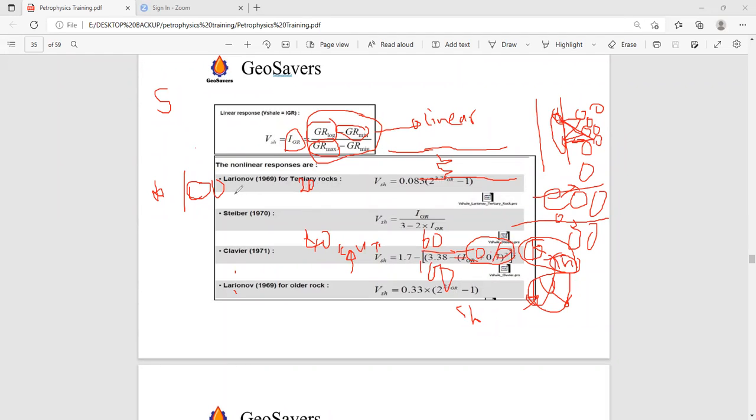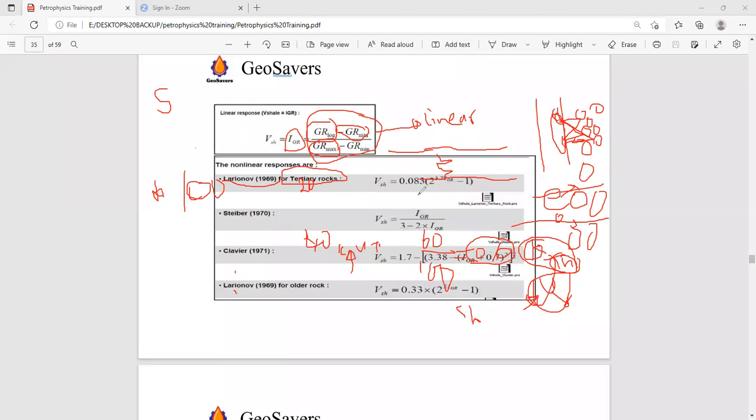You may have to apply different formulas depending on where you are, depending on your priority, depending on the age of that particular rock, and so on. If you're dealing with tertiary rocks, especially like what we have in the Niger Delta Basin in Nigeria, then you may be tempted to use the Larionov equation for tertiary rocks.